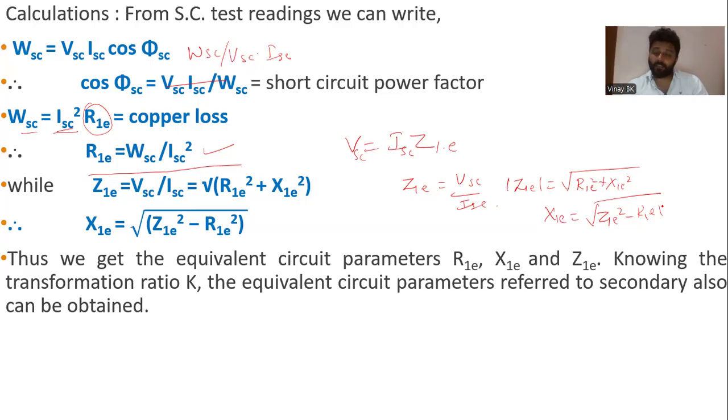Where there is a voltage, iron loss. Where there is a current, copper loss. Because of the constant voltage, you can call iron loss, or core loss, a constant loss. The current is a varying quantity, hence you can call copper loss a variable loss. So this is all about the OCSC test of the single phase transformer.